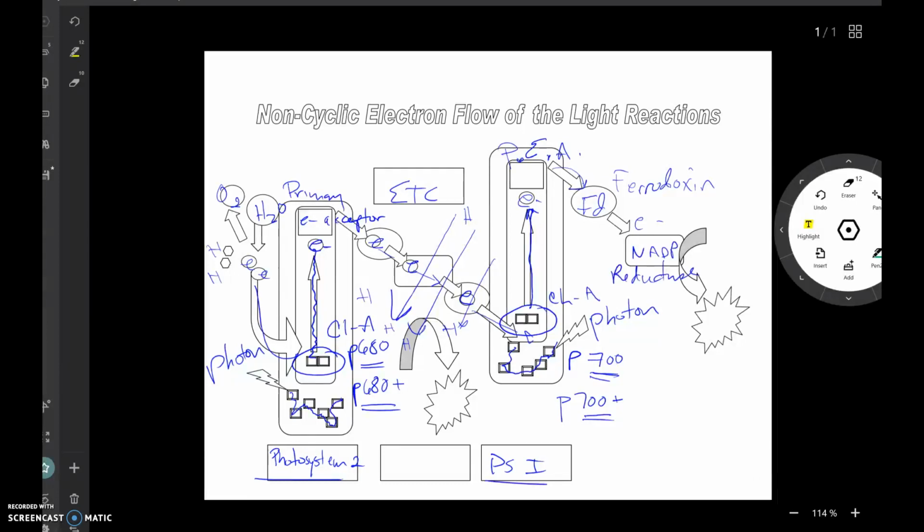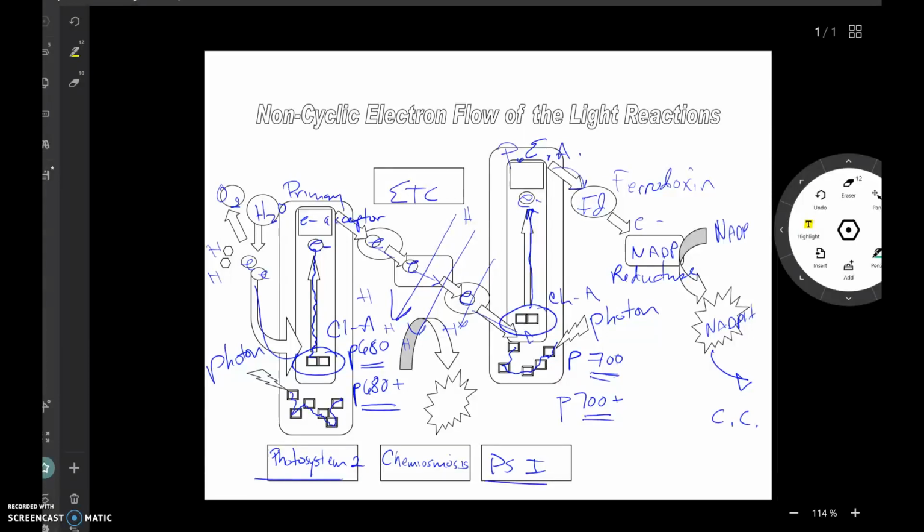which is an enzyme. So the idea is that we're going to take NADP and reduce it into NADPH. Okay, and like I said, this is going to the Calvin cycle. And over here, the hydrogen gradient is going to make chemiosmosis possible.